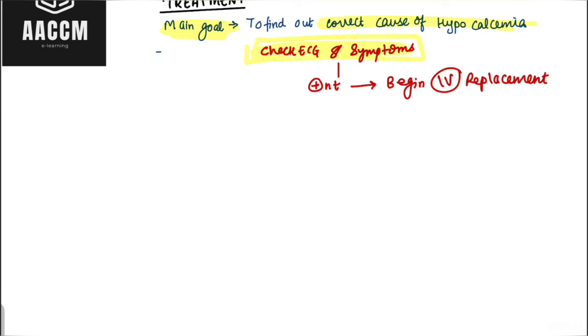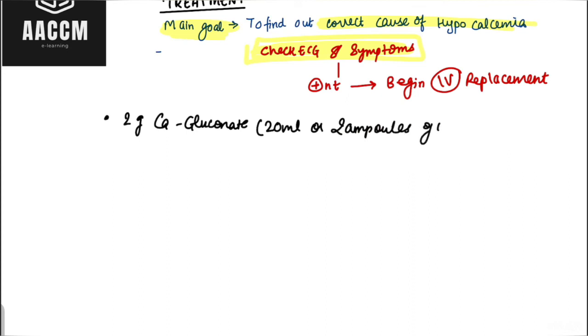Now, what we have to do? We have to take certain drugs for the same, obviously, which is calcium gluconate. You have to take 2 grams of calcium gluconate, which is 20 ml or 2 ampules of 10% calcium gluconate, right?